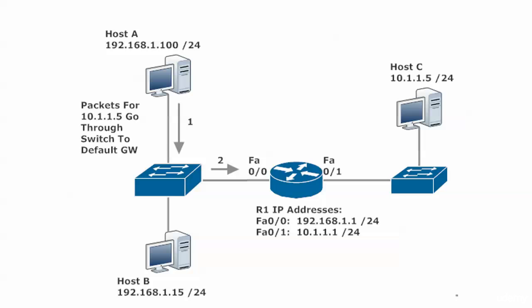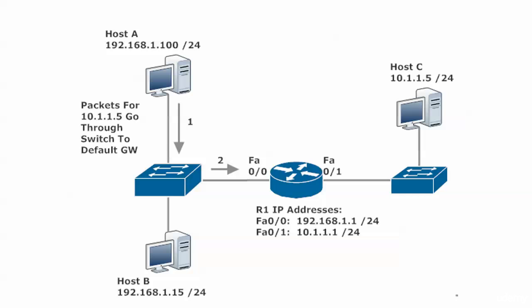Because host A is looking at this and saying, packets to 10.1.1.5, I don't know where to send those. So what the host does in that situation is send the packets to its default gateway, which we saw in the IP config output was 192.168.1.1, which happens to be the FastEthernet interface that's on that side of the router facing that particular host.